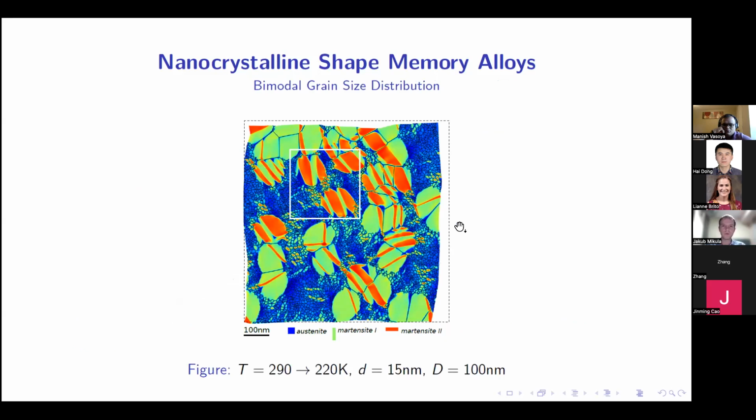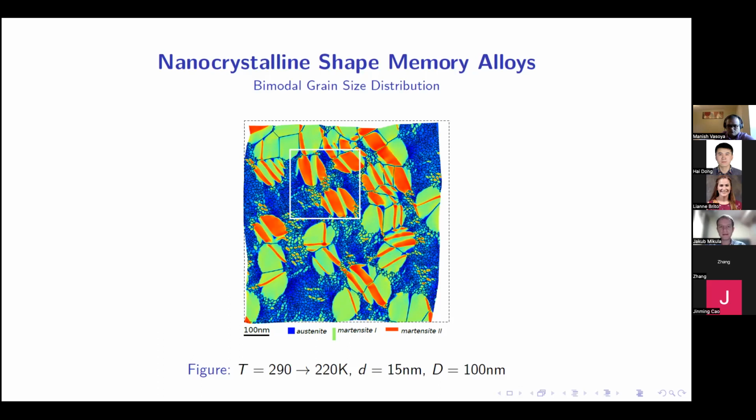For instance, we started with a bimodal grain size distribution, such as illustrated here, where we have a combination of large grains and small grains. So we have equiaxed grains of size 100 nanometers, and then we have small grains of 50 nanometers. And again, we do the same quenching process, and we just look at the phase transformation and at the equilibrium solution for this particular system.